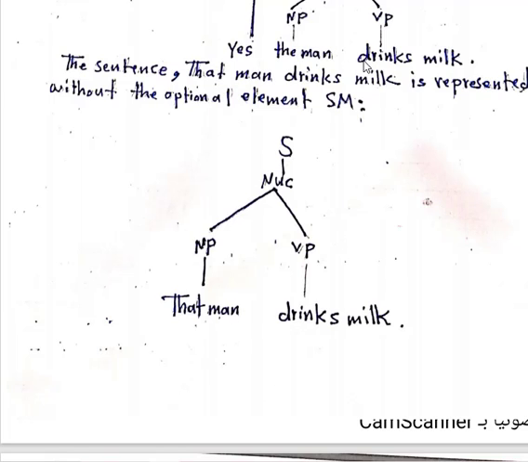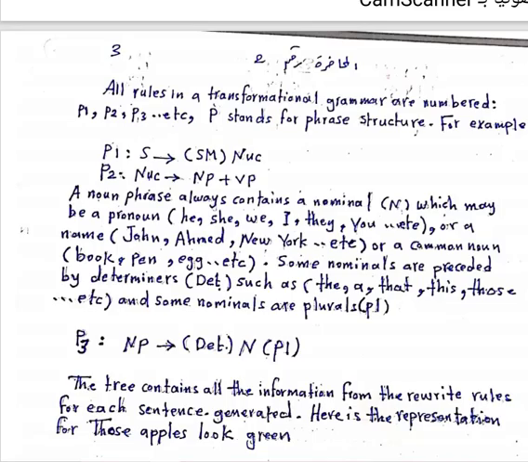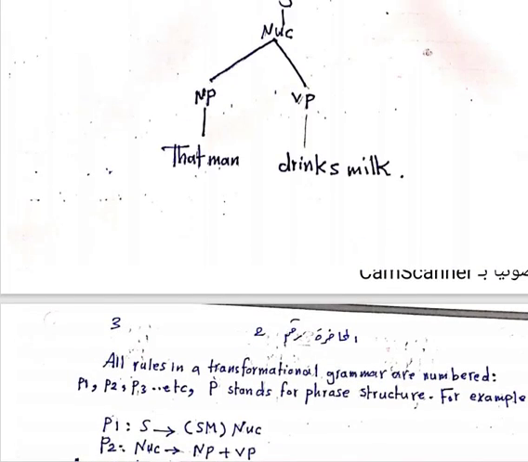In the other sentence, it gives us certainty that the man drinks milk. When we speak about the meaning of the sentence, there is certainty about that. But when we speak about this tree, that man drinks milk, who is that man? We don't know. There is no certainty about whether the man drinks milk or not.